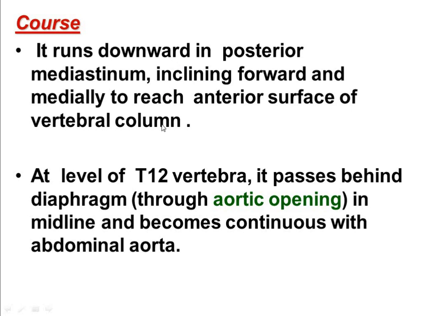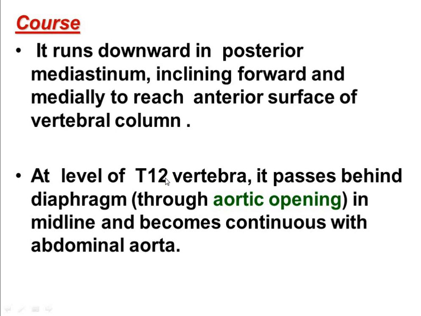The arch of the aorta had the vertebral column to its right side because it had gone towards the left. Now, from the left side, the descending thoracic aorta is inclining forwards and medially so that it lies on the anterior aspect of the vertebral column, that is, from the T5 and T6 vertebrae onwards, it is anterior to the vertebral column.